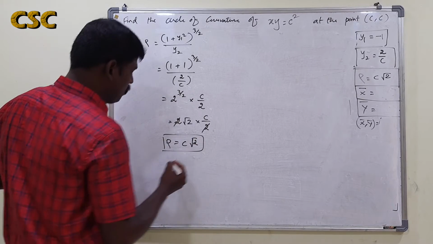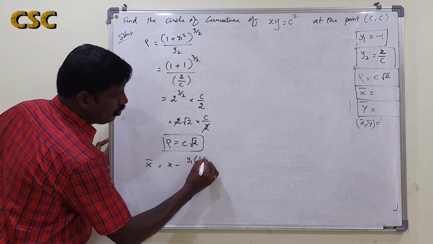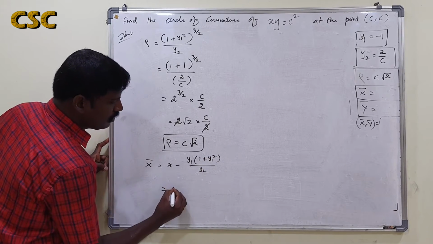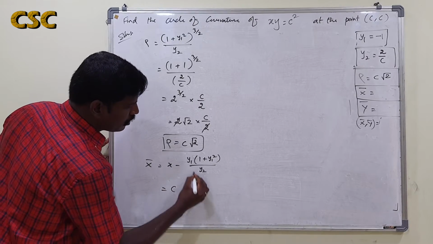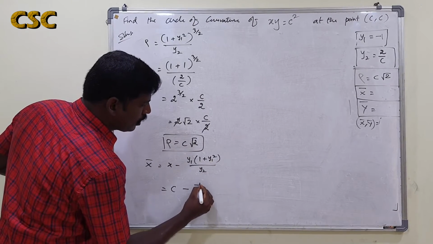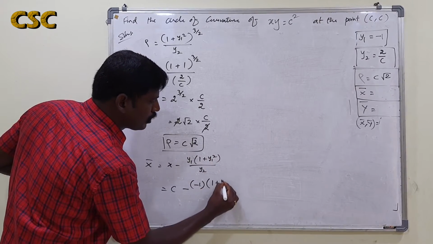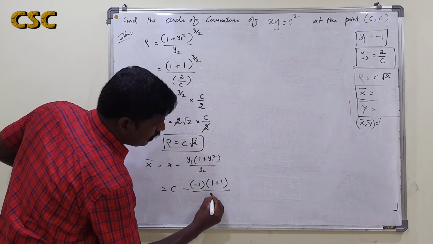And then what is the value of x bar? x bar is equal to x minus y1 into 1 plus y1 square by y2. That is equal to, what is the value of x at the point c comma c? c minus, what is y1? Minus 1, into 1 plus y1 square, minus 1 square becomes plus 1, by y2. y2 is 2 by c.